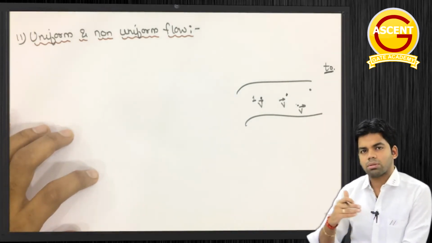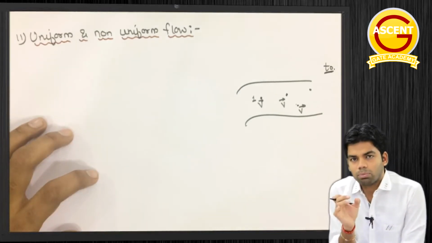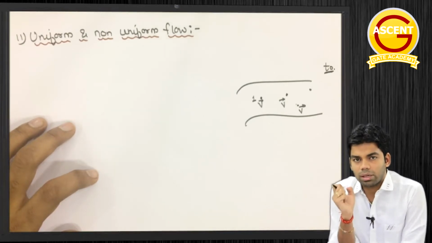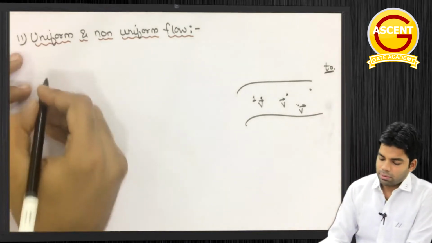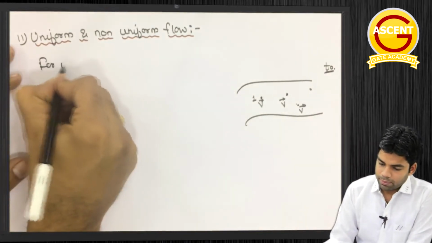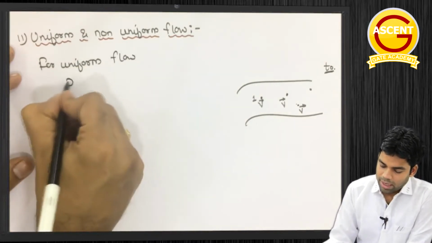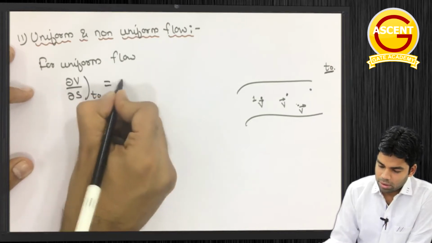That means velocity is not changing with respect to space coordinate at a particular time. Okay, now if the time changes, the velocity may change, but at that particular point of time the velocity does not change with respect to space coordinate, then we can call it uniform flow. Okay, that means for uniform flow, del v by del s at t naught is equal to 0.